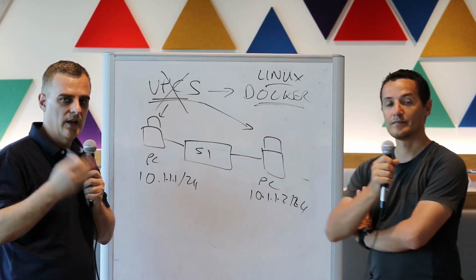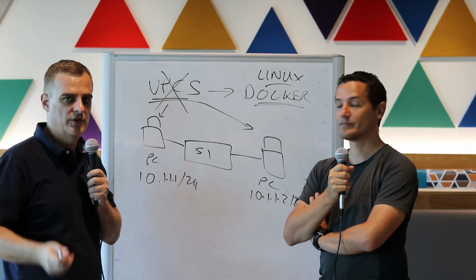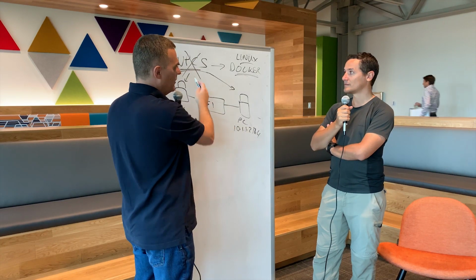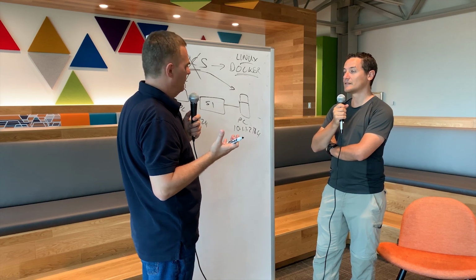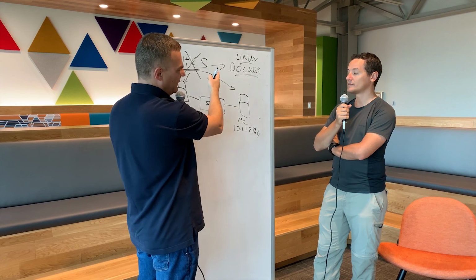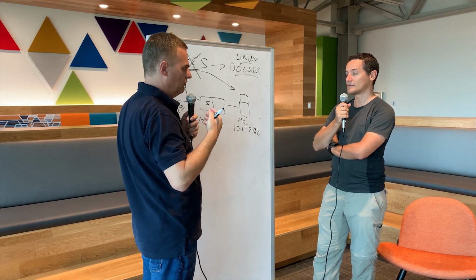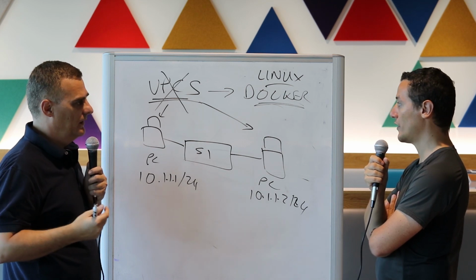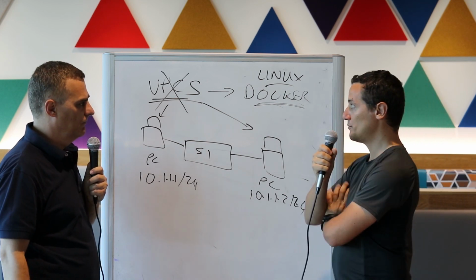I think it's the same thing as with Dynamips: technologies change and technologies improve. In the old days, quite a few years ago, this was the only way to do a lightweight PC. But now we've got Linux Docker containers, and the advantage of Linux is you can install anything, really: DNS, DHCP, Python. You're not limited like you would be with VPCS.